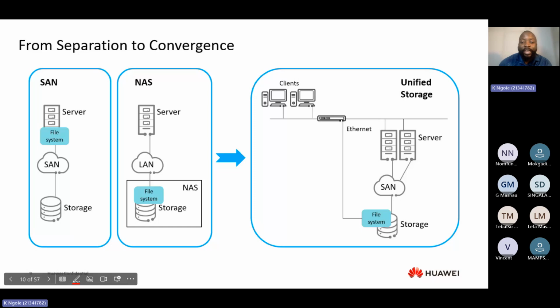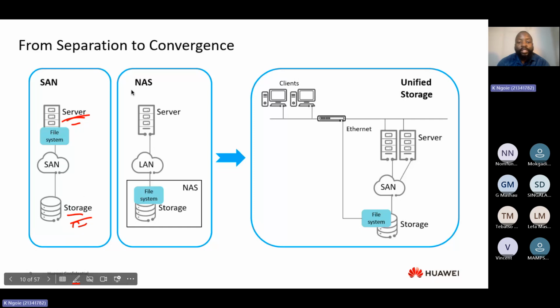For example, we have the SAN, which will establish a network between the storage devices and the server to provide some storage services. So we have the SAN here that will connect the storages to the server. This is the SAN, which is the cloud architecture.